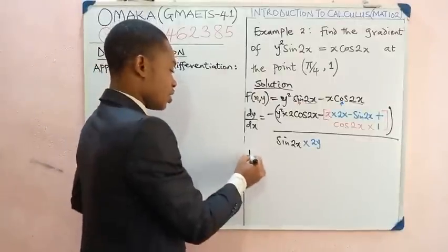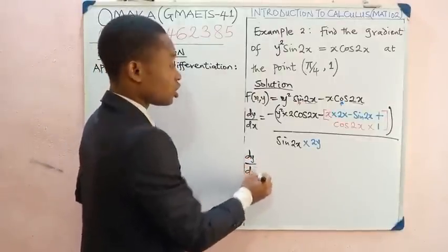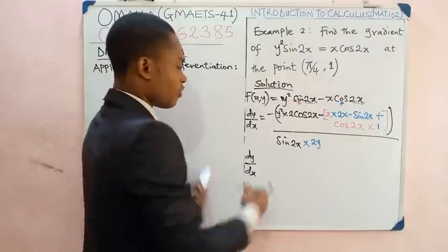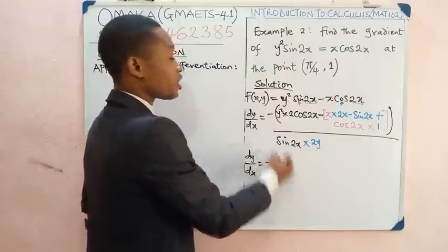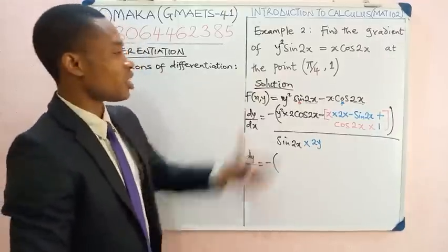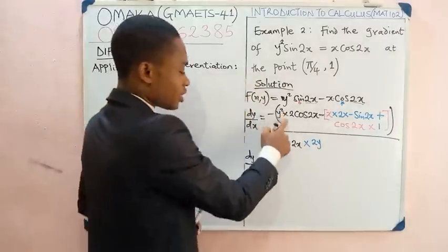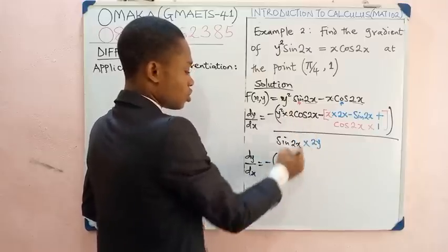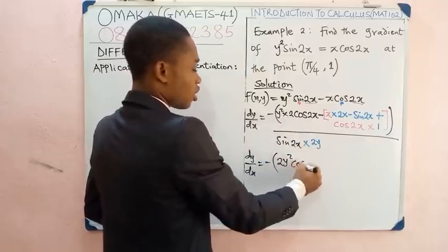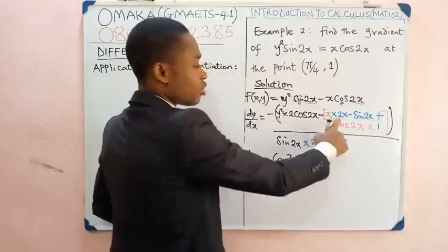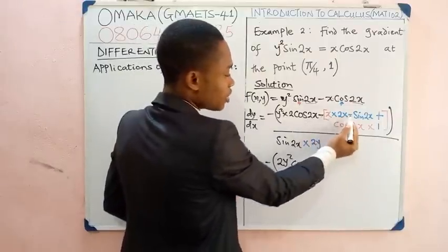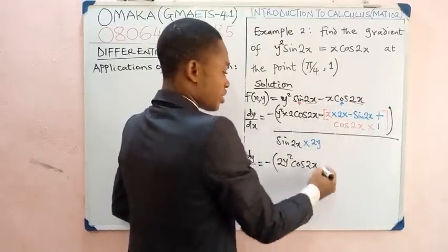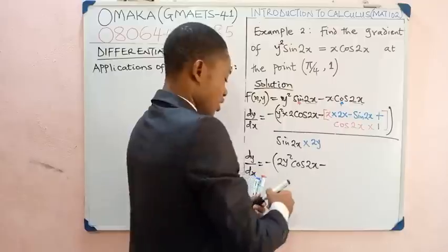Now let us obtain our solution at the given point. But before then, let's see if we can do a little simplification here, because this is a trig function problem, okay? Y squared times 2 cos 2x will give us 2y squared cos 2x. Then come over here, this minus times this minus. Or better still, I might still leave that minus outside.